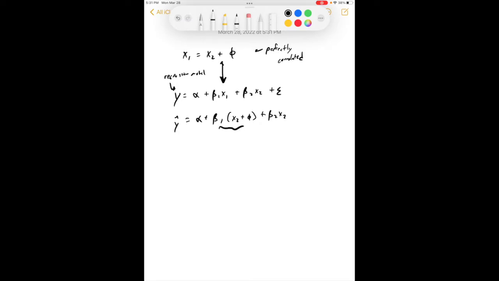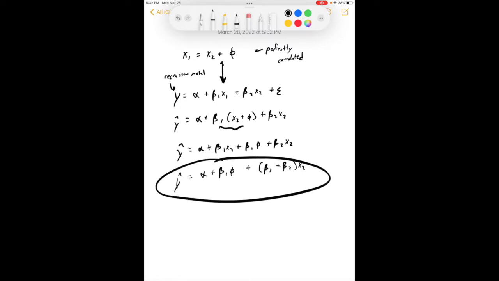Now if we multiply this through, we've got y hat equal to alpha plus beta 1 x2 plus beta 1 times phi plus beta 2 times x2. Go ahead and rearrange things a little bit. We'll get alpha plus beta 1 times phi plus (beta 1 plus beta 2) times x2.